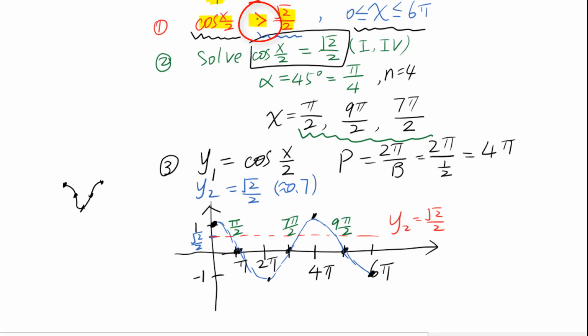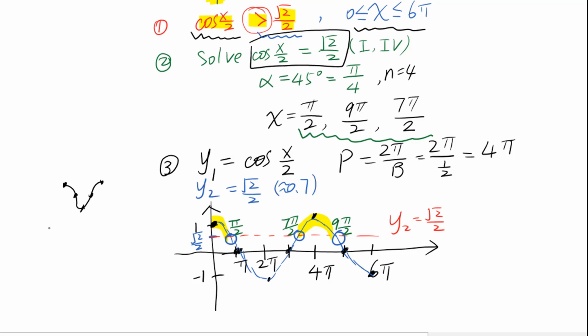Greater than means above y2 equals square root of 2 over 2, which means this is the solution. Since we don't have an equal sign, we use an open circle over here. Open circle.